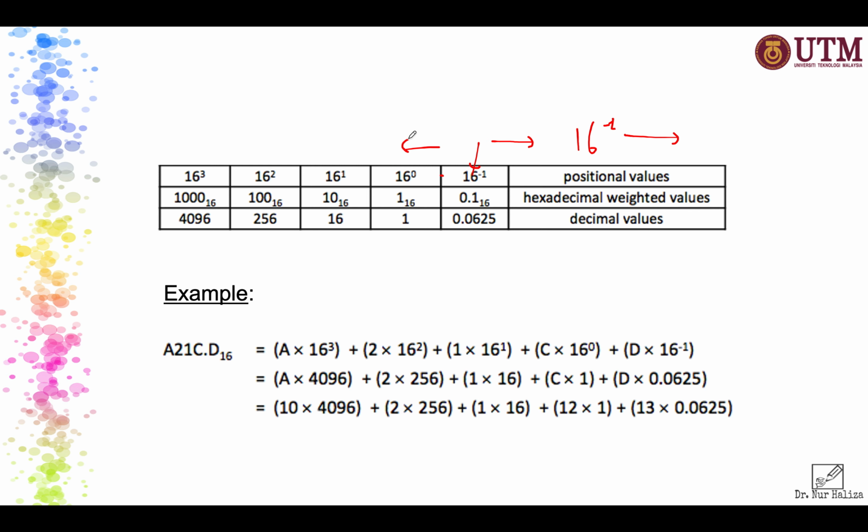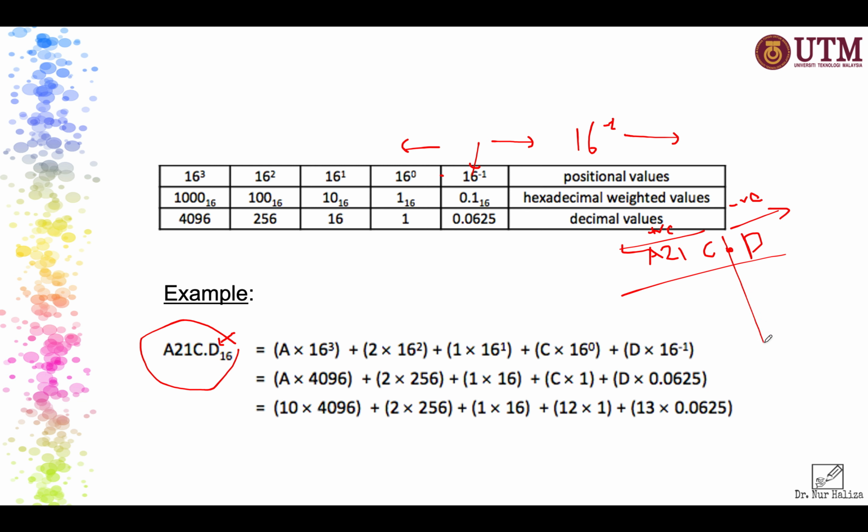It is the positive side: 16 to the power of 0, 16 to the power of 1, until the end. So you have the examples of this, which I already mentioned. Let's say I give you the example A2.D in base 16. You need to notice that there is a point over here. So start from the left and also the right. Right is negative and left is positive.